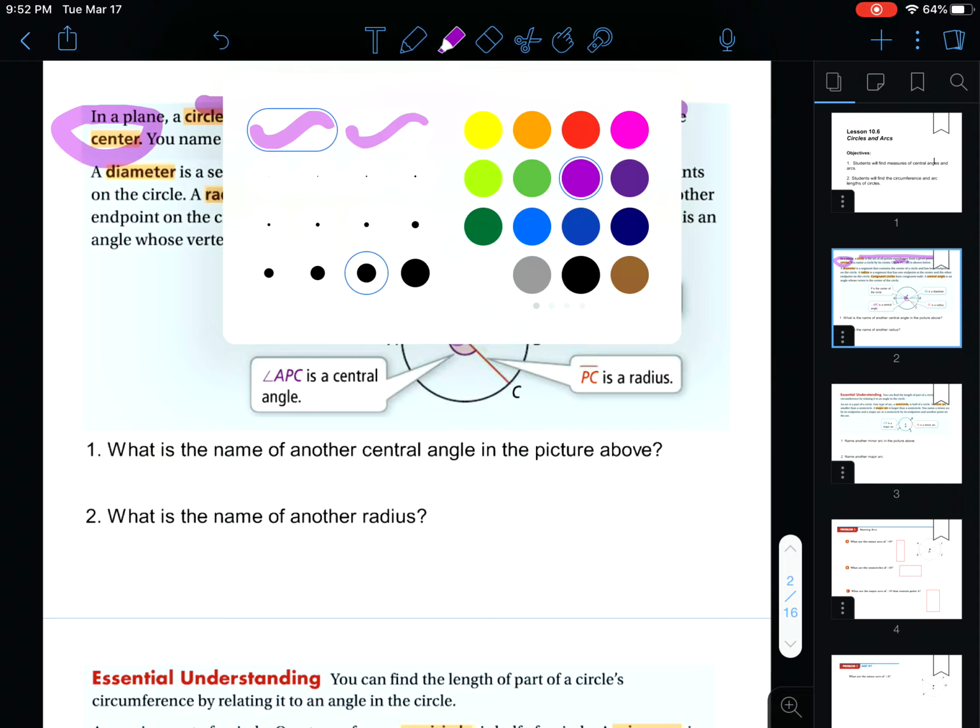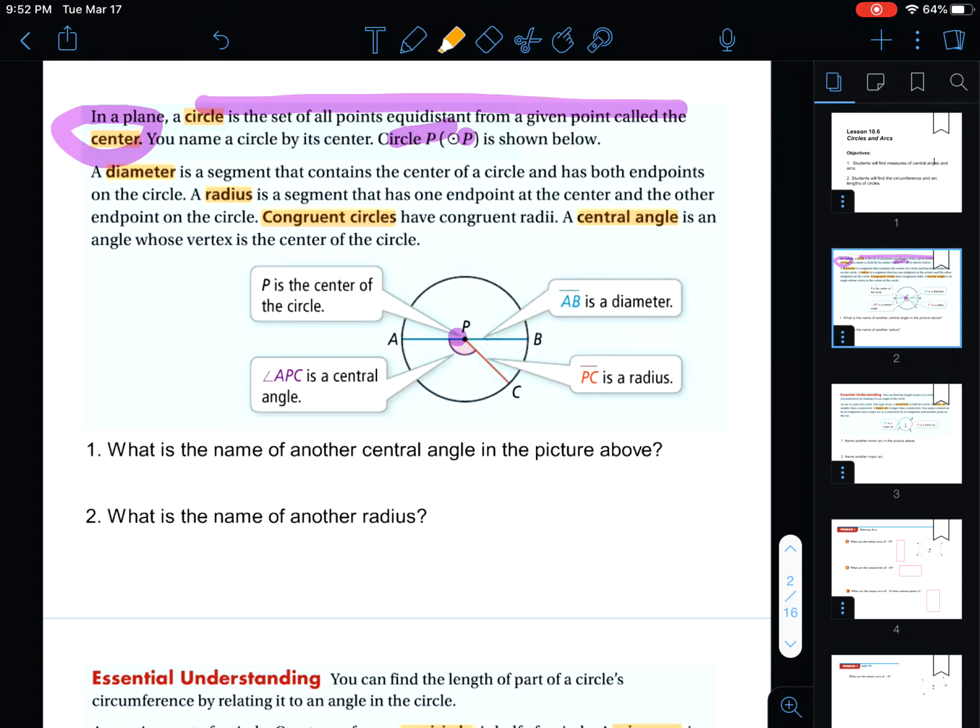Now, there are a couple of pieces that we identify in here. The diameter, which is the whole way across the circle, passes through the center point. So a diameter is a segment that contains the center of the circle, and both endpoints are on the circle. And you'll also notice that a radius is a segment that has one endpoint on the circle and one endpoint on the center.